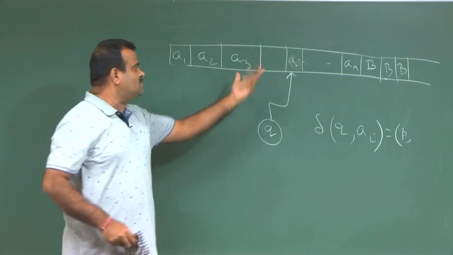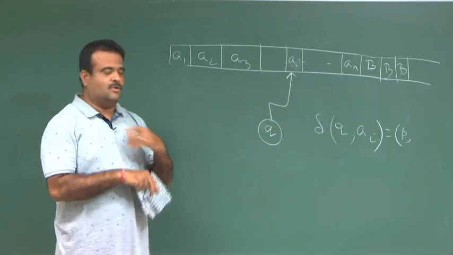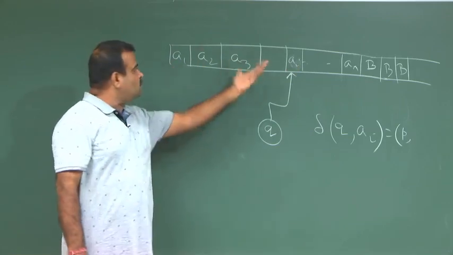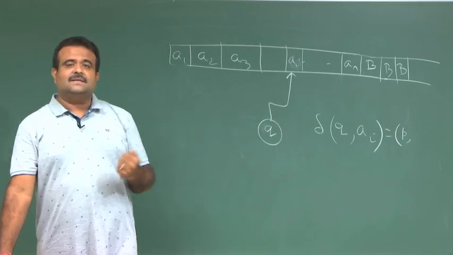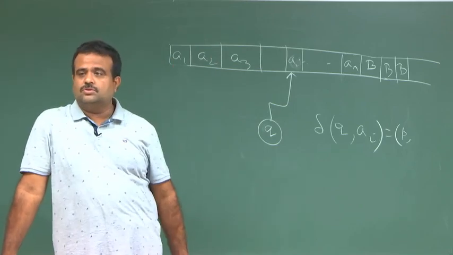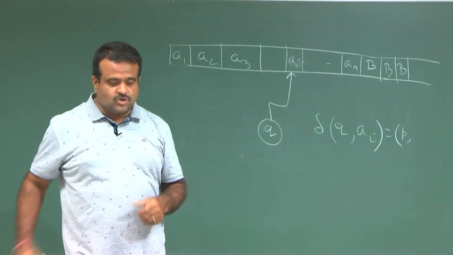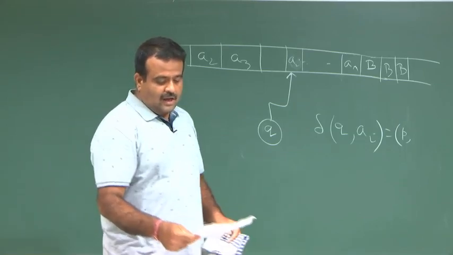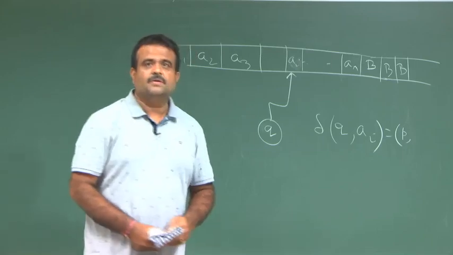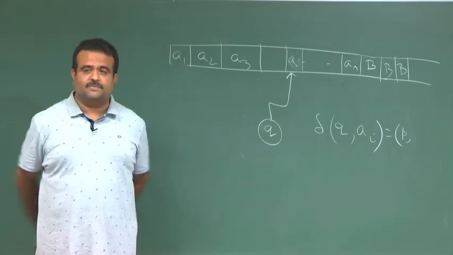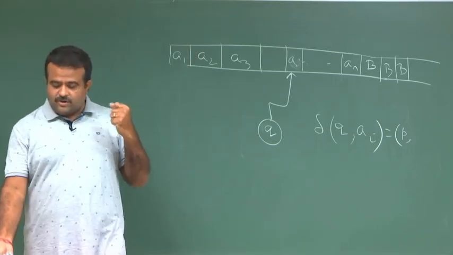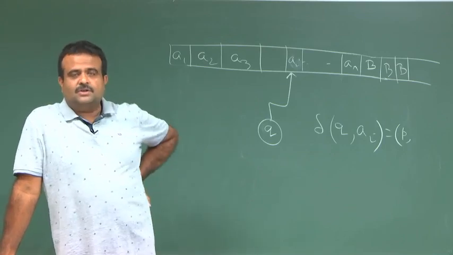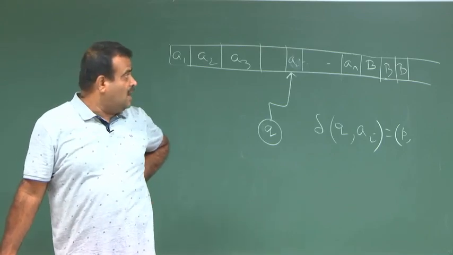We can keep the same symbol or we can have a different symbol, and that symbol may not be an input symbol; we can have another symbol including blank also. We will formally define that. That is called the tape symbol, and the input symbol is part of the tape symbol, because ultimately we are going to accept a language coming from the input alphabet sigma.